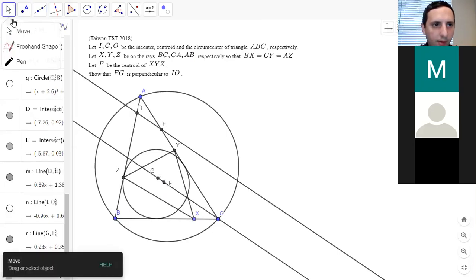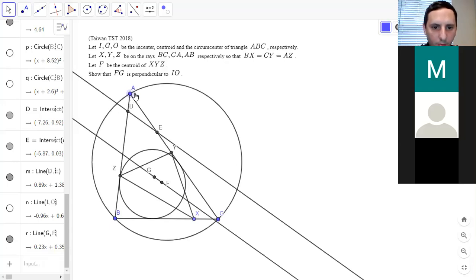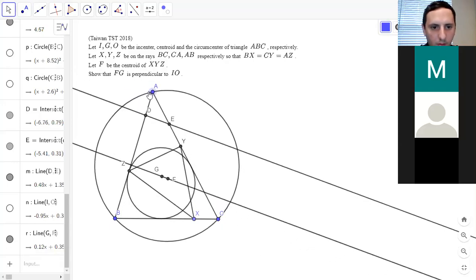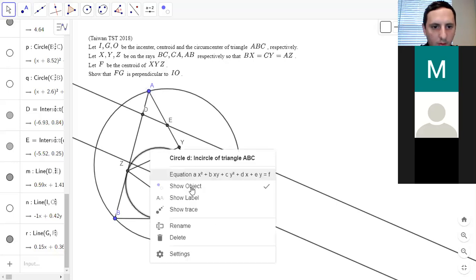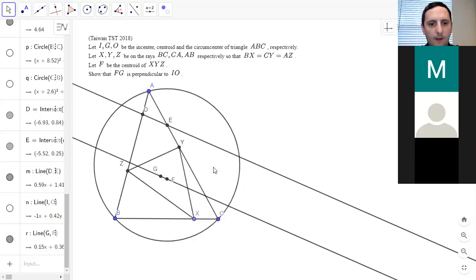So obviously FG doesn't pass through C, it just looks like that. Yeah, the incircle too. Even the circumcircle, really. Okay.